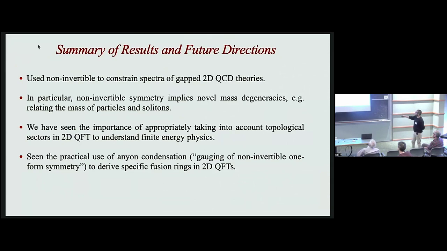We have also seen the importance of appropriately taking into account topological sectors in 2D QFT to understand finite energy physics from the 2D topological concept, and not saying that the theory is trivial just because there are no gapless modes. And we have also seen the practical use of Fannian condensation to derive a specific fusion ring in 2D QFTs, or also gauging non-invertible one-form symmetry in a higher-energy word, which was basically our main tool to derive the fusion rings in 2D QCD.